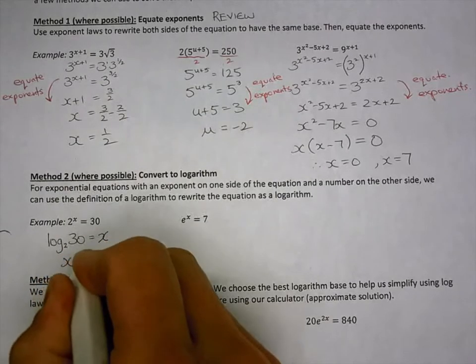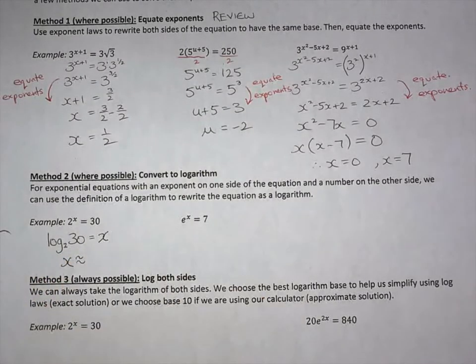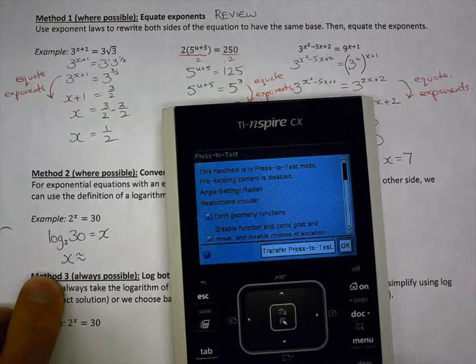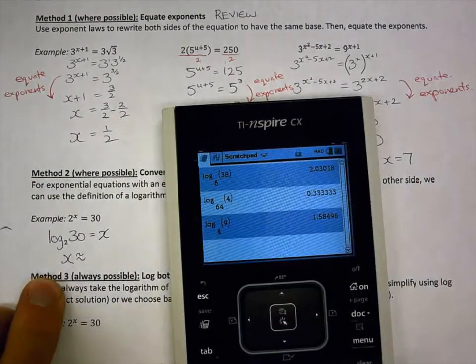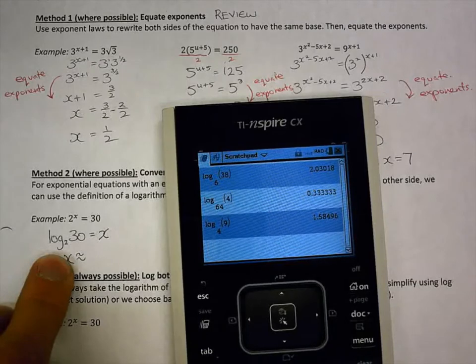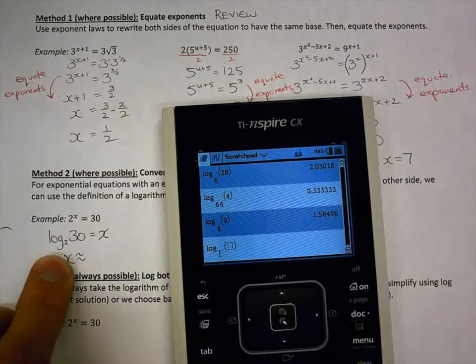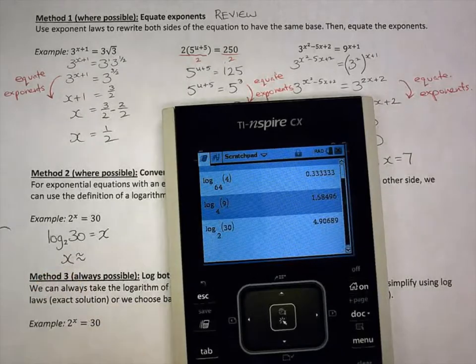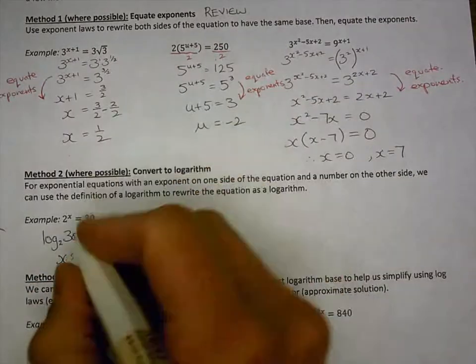So x is approximately, let me get my calculator. Again, you don't have this calculator yet, but essentially this is now just a number. It is log base 2 argument 30. So it's approximately 4.91.